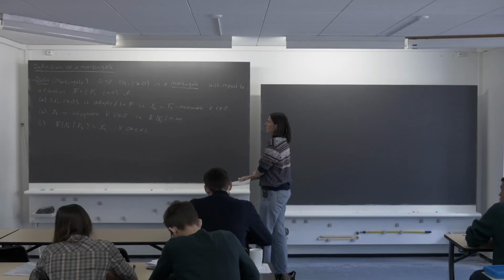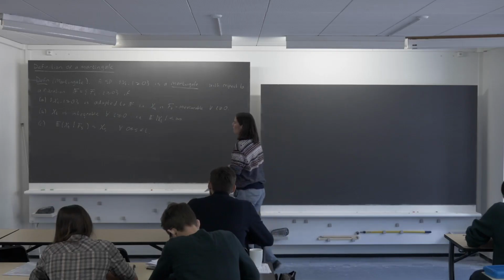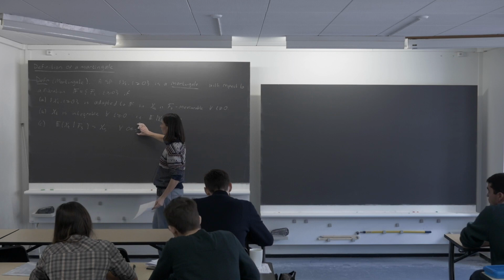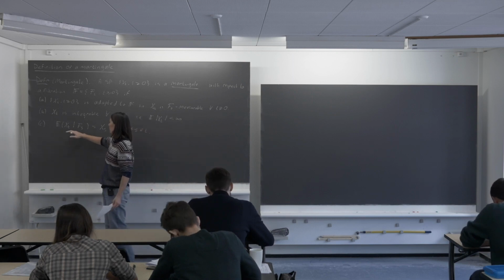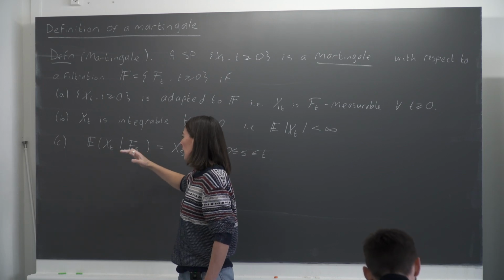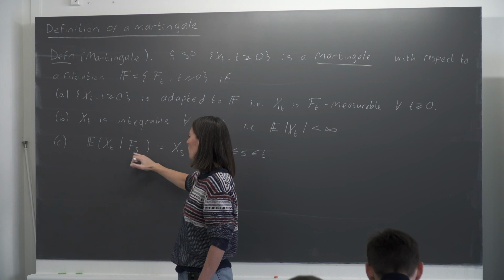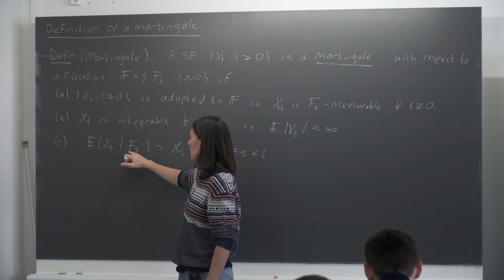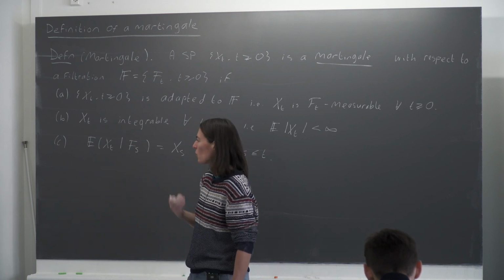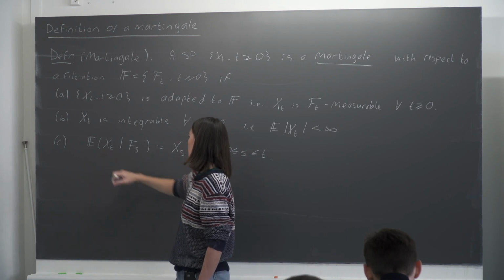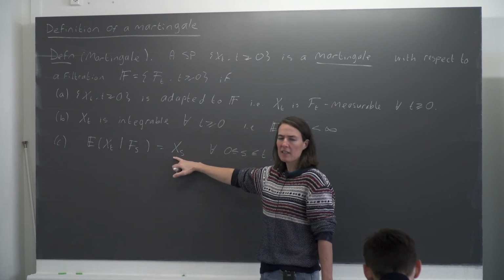Okay, so what do these conditions mean? Well, the main point is the third one. It tells us that if we know what has happened up to a certain time s, and we want to know what we are expecting to happen at time t, we're actually expecting nothing to change.